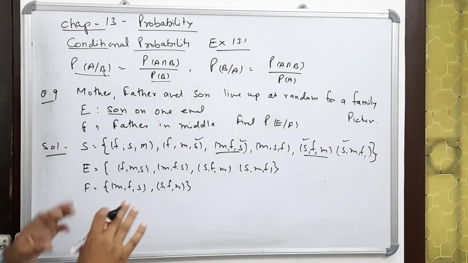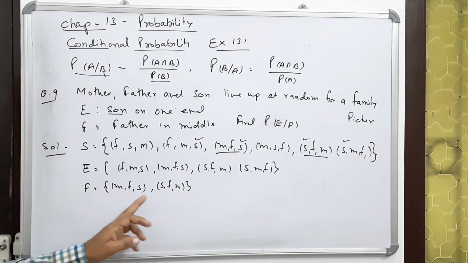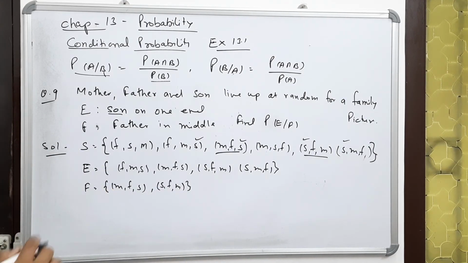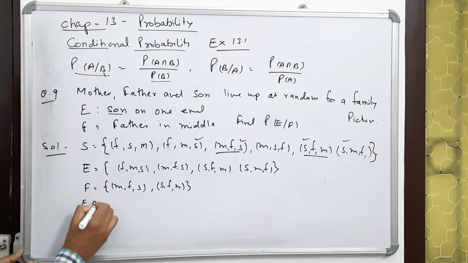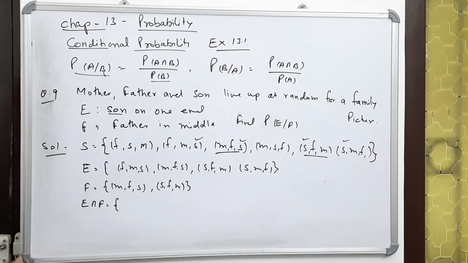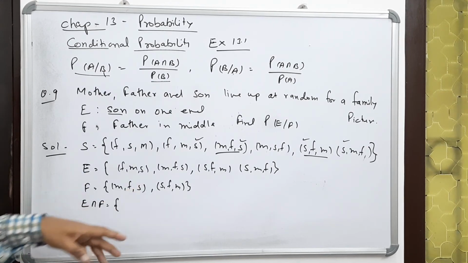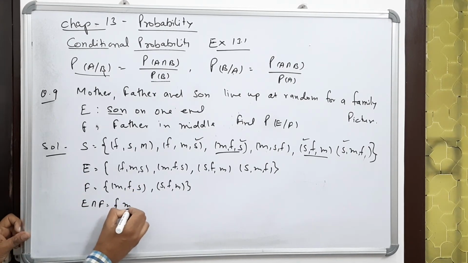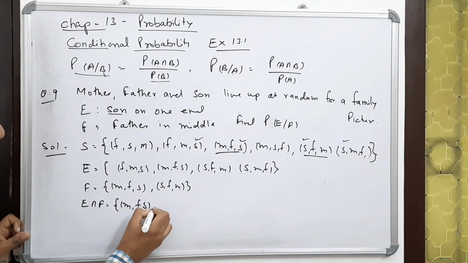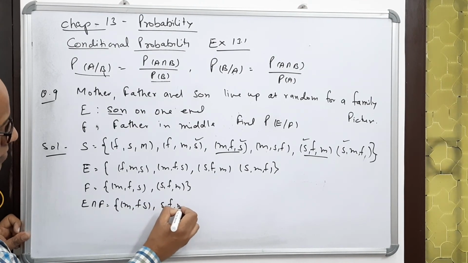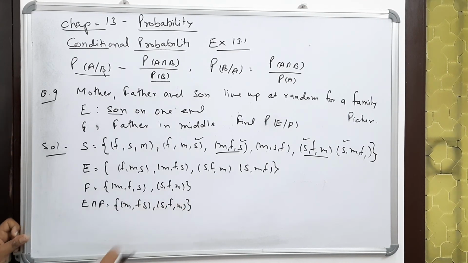That is father in the middle and both the ends mother, son and son, mother. Now the intersection of these two. So what is the intersection of these two? Please see this now. The intersection of these two is the F only. Both will be there in the intersection, because when father is in the middle, definitely the son will be at the end.